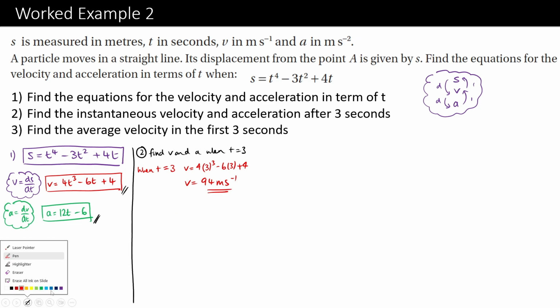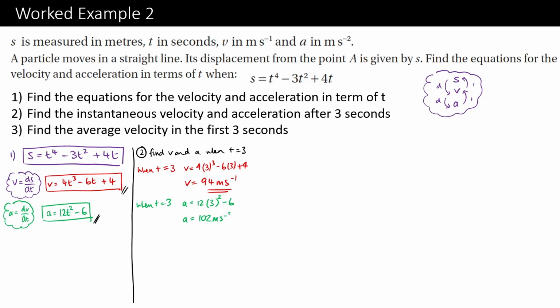Then working with when t equals 3 to find out what A is going to equal: 12 lots of 3 squared, I forgot a squared there, minus 6. That's 12 times 9 minus 6, which gives me an answer of 102 meters per second squared. And there's my answer for that one.